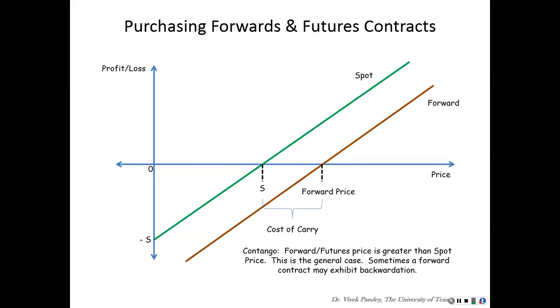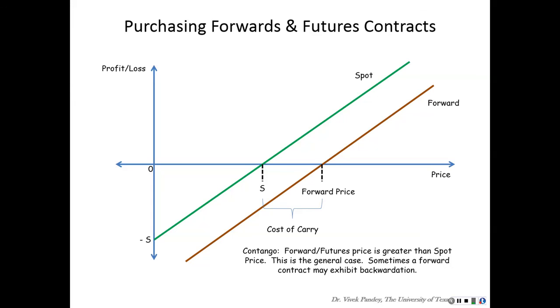But in futures markets, the ability of people to walk away from their contract is diminished considerably, because both parties, the buyer and the seller, will have to put up some money in a margin account with the exchange, and every day their gains and losses are adjusted from that account.